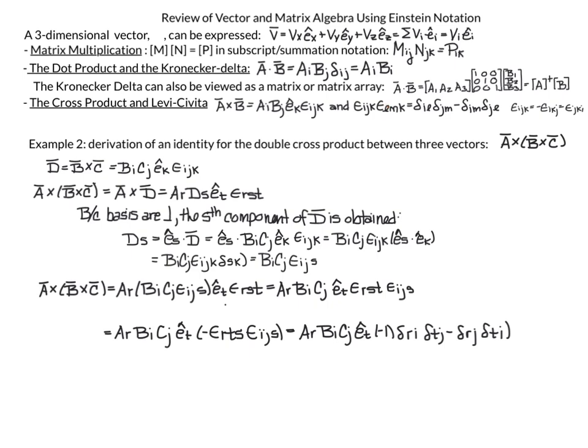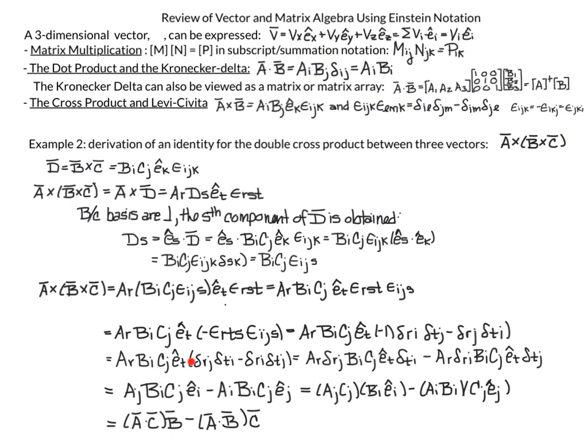So here we're going to use that property. We've switched these around, so this stays the same. We have our negative sign. We're going to have the first times the first, that's delta RT. The second times the second, that's delta IJ... minus, now we're going to have the first times the second, which is R and J, and then the second times the first, which is T and I.